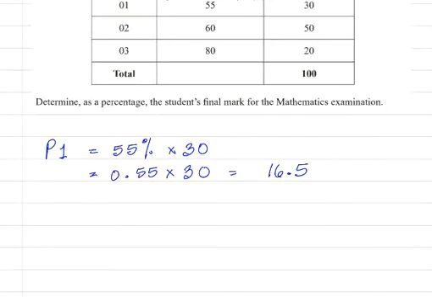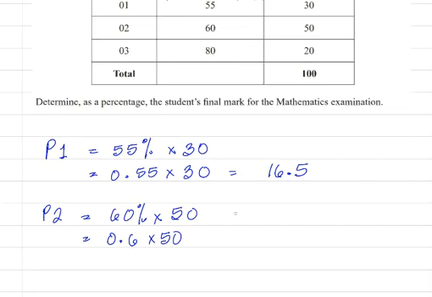She got 16.5 marks. For paper 2, the person obtained 60% of the mark, so it's 60% of the 50, and this is equal to 0.6 times 50. And for paper 2, this person got 30 marks.